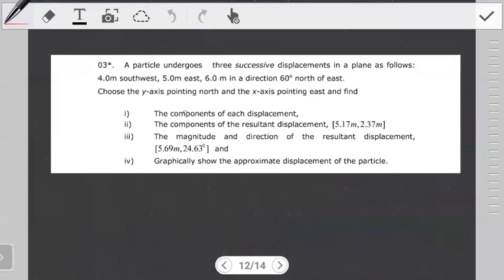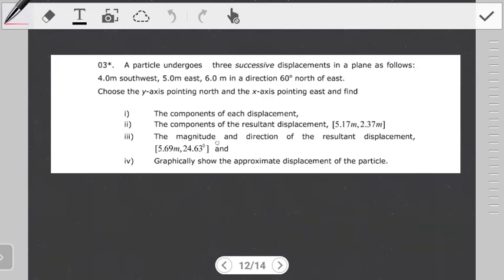When you look at this one, it's basically the same things we did in the previous question. Finding the components of each vector. After finding the components of each vector, combining the components to get the components of the resultant. After doing that, using the components of the resultant to get the magnitude of the resultant.